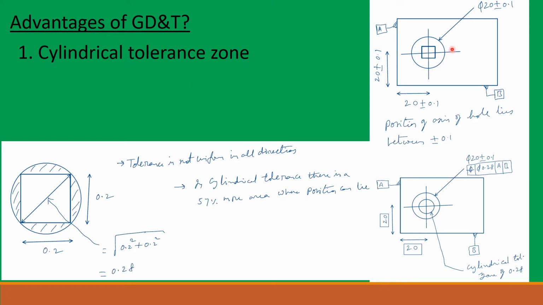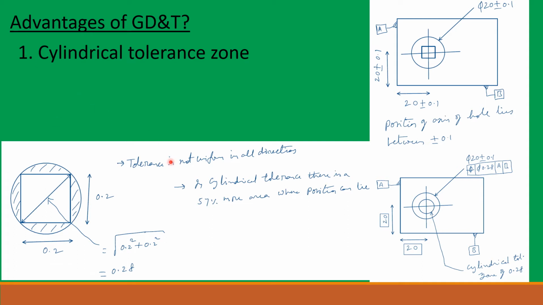For example, let us see this feature is specified using rectangular coordinate tolerance system. So here a 0.2 square tolerance zone is formed for this position of this feature. The illogical aspect of rectangular tolerance zone is that the hole can be off of its nominal location in diagonal direction a greater distance than in vertical and horizontal directions.